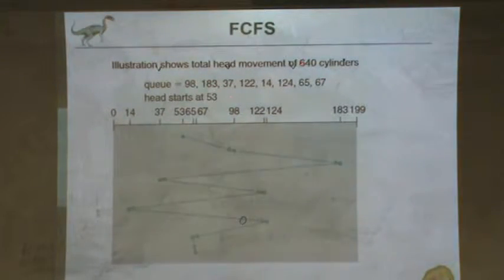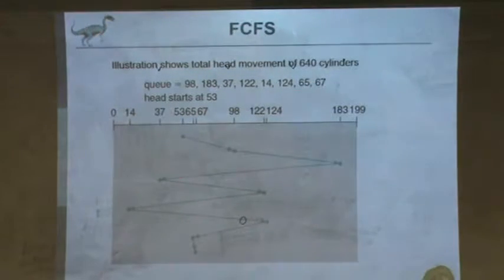In this case, we have a total of 200 cylinders, which means 0 to 199. The current position is 53, so we read the data from 98 first, then 183, no matter where it is located, in order of arrival in the queue.